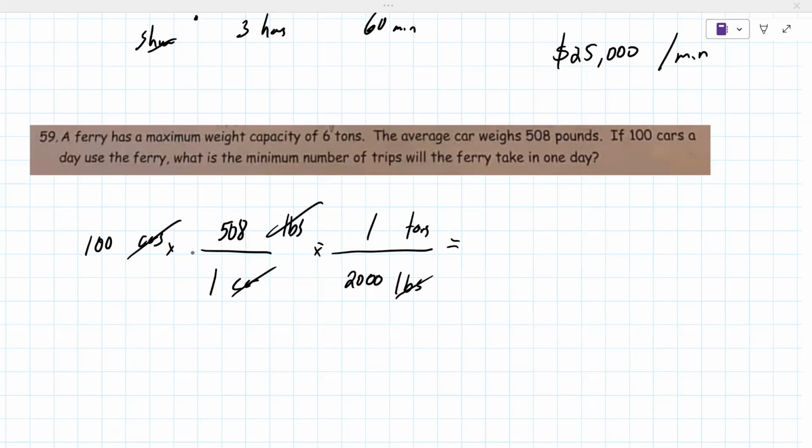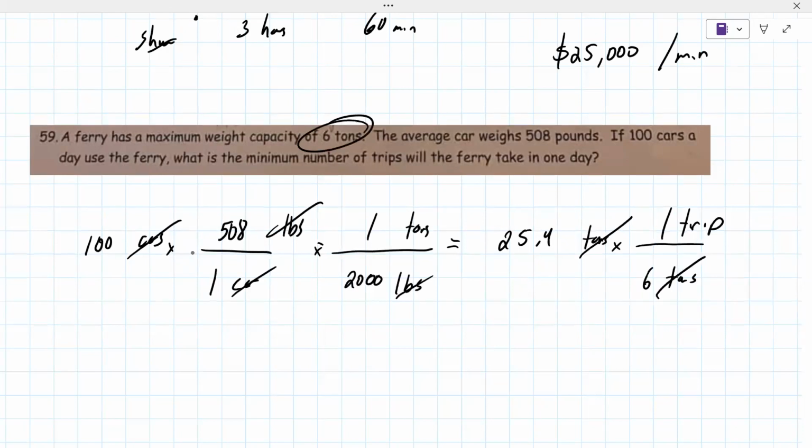And so that's 25.4 tons. And we know that 6 tons is one trip of the ferry. So tons cancel the tons. That number we just found divided by 6 ends up being 4.23 trips. But this is a better example because you cannot make a partial trip on a ferry. You either go all the way, so you typically round up to 5 trips.